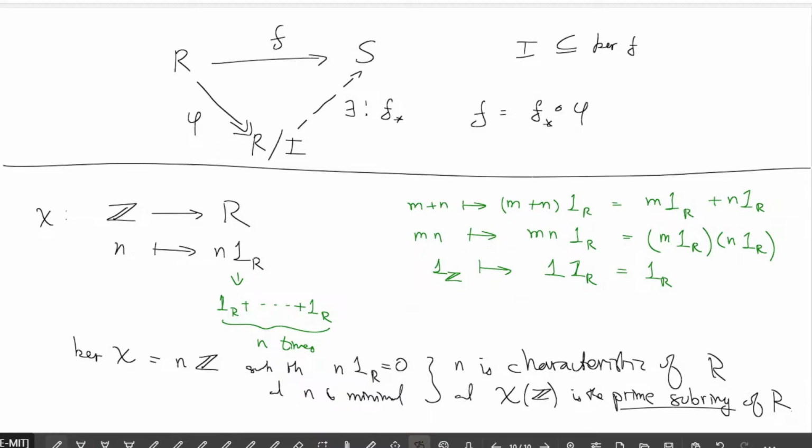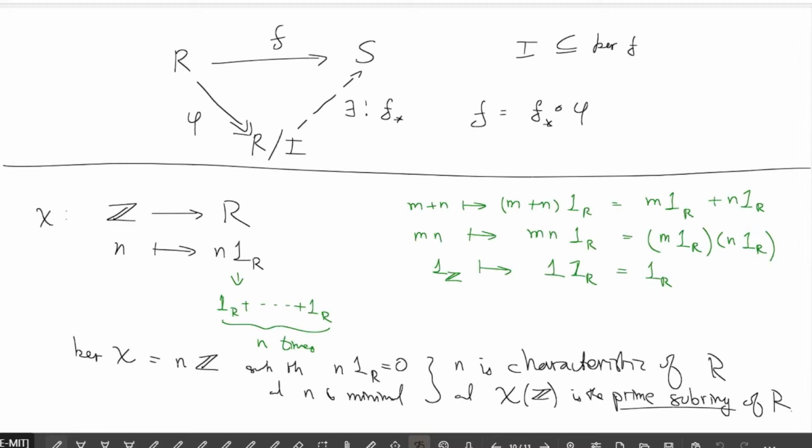But if it's an integral domain, you can say something about n. n must be prime, so prove that also. One thing to notice: chi of Z is isomorphic to Z mod n.